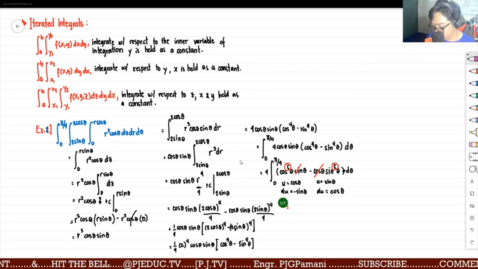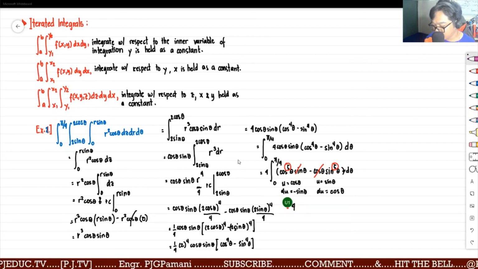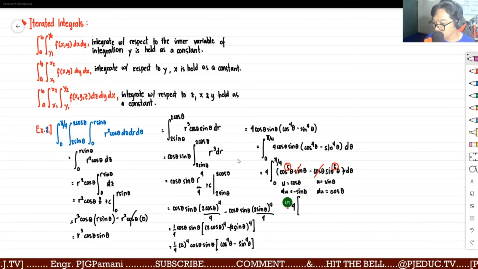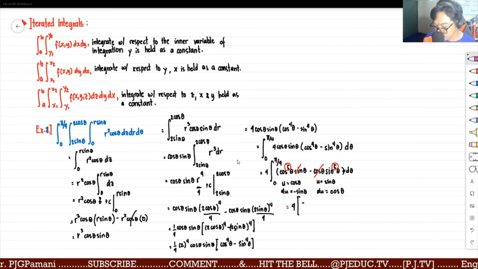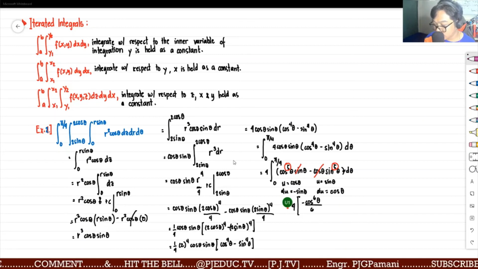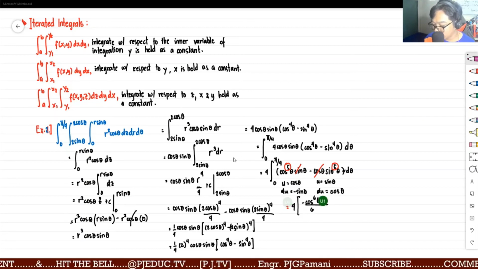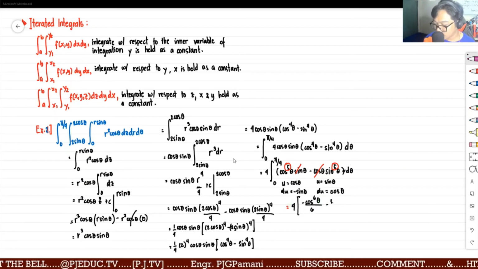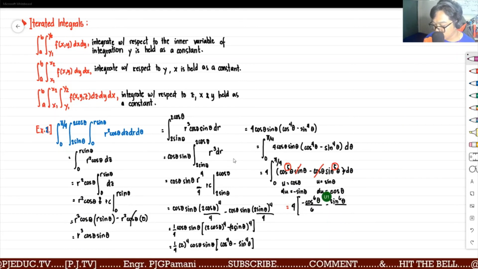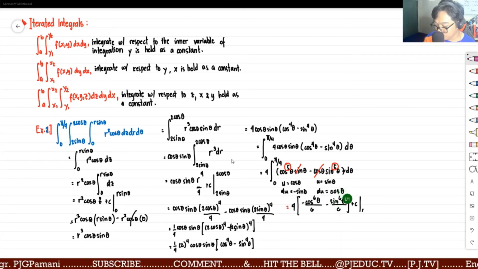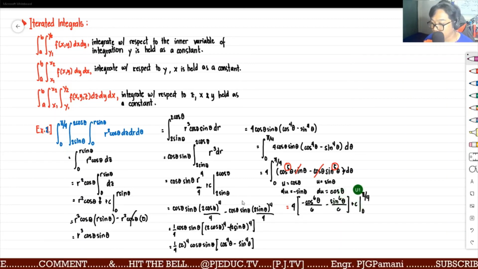Then distribute your constant of 4. So 4 this time is equal to 4 times negative cosine raised to the 6th theta all over 6 minus sine raised to the 6th theta all over 6 plus c, then apply your upper and lower limit 0 to pi over 4.